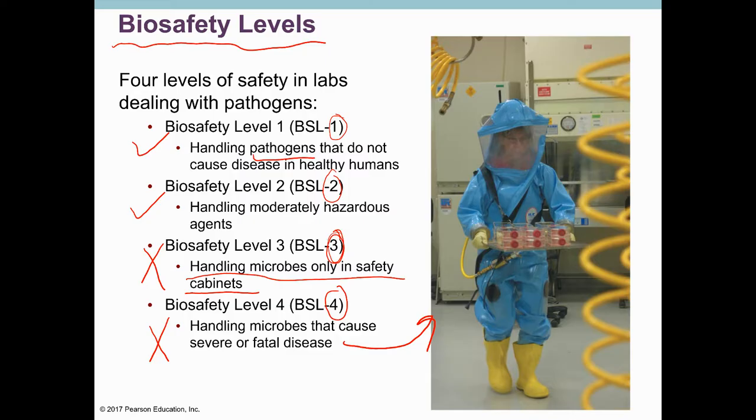So you can work inside the hood, but it is completely enclosed. That would be a safety cabinet. We don't have a safety cabinet in our lab because we don't have any biosafety level 3 items. But just so you're aware, there are different levels of rating for how dangerous something is, and different rules for how you need to handle safety in those situations.